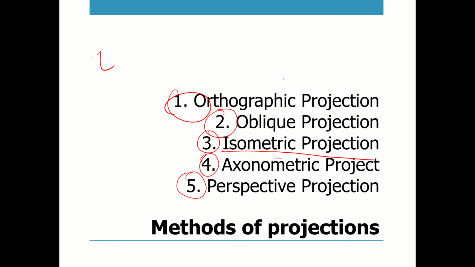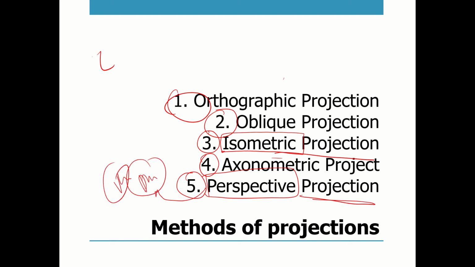You may have heard of isometric projection, and if not, you must have definitely heard of perspective drawings, perspective views. We will cover all this in this unit. Today we will focus on the first part, orthographic projections.